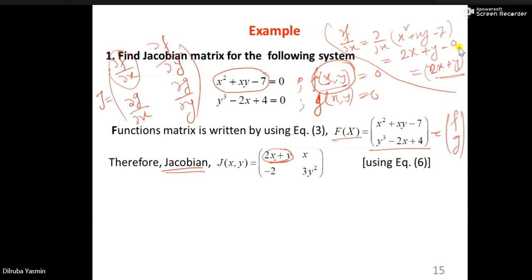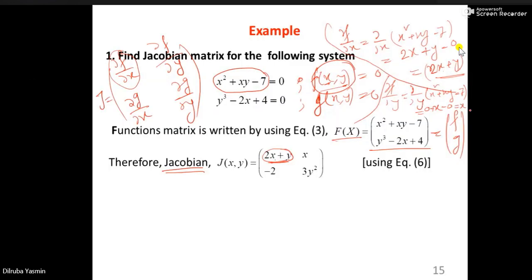So look here, 2 times x plus y. If you do this operation del f del y, what do you get? Del y of the f function x square plus xy minus 7. So what do you get? Only x, isn't it? Because you have to take the first derivative of x square with respect to y, so you get 0 here, then plus x here, then minus 0.